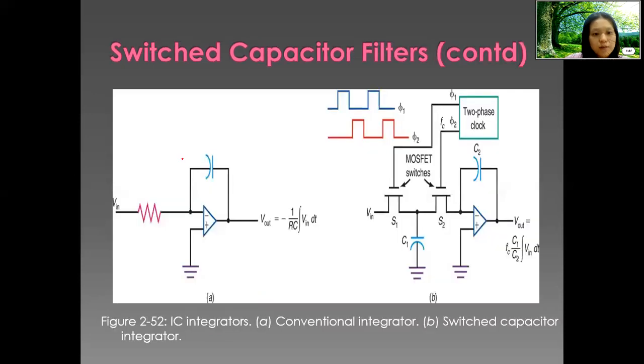From this figure, A is the conventional circuit, and this conventional circuit has the resistor R, and this resistor R will be replaced by the MOSFET switch.